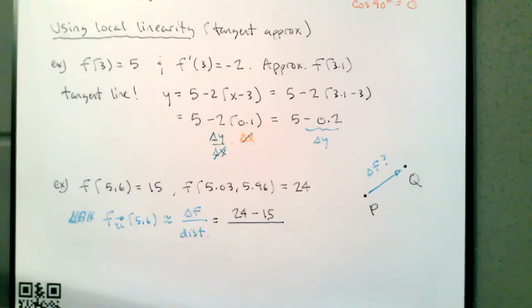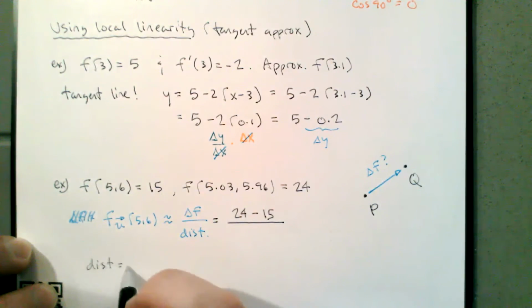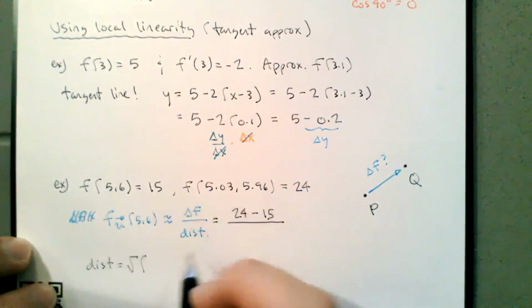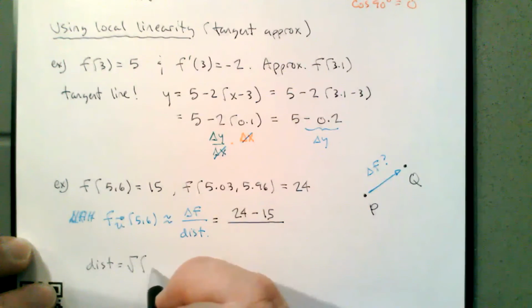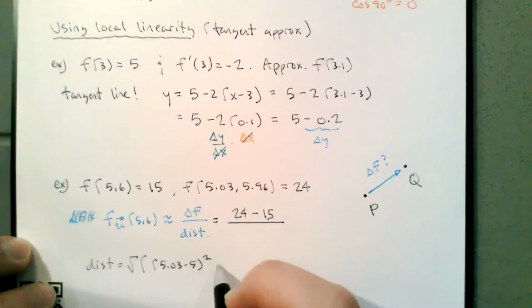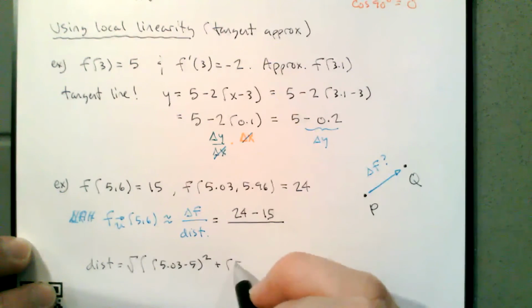Then we have to calculate the distance that we traveled from P to Q. And so we just need the distance formula. The difference in the x's is 5.03 minus 5, squared, plus 5.96 minus 6, squared.